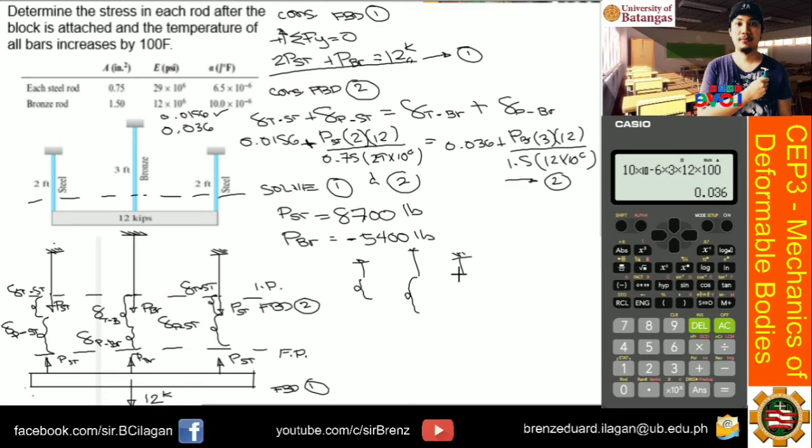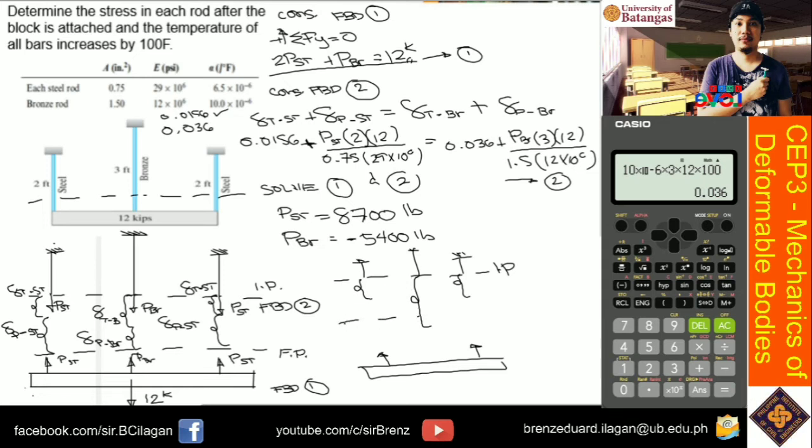Ito yung sa steel. Kinay-carry niya, so ito tama na tension. Kasi ang mangyayari, ito babatakin pa niya dito. So di ba ito ang kanyang initial position? So dapat ito lang pala yung kanyang final position.